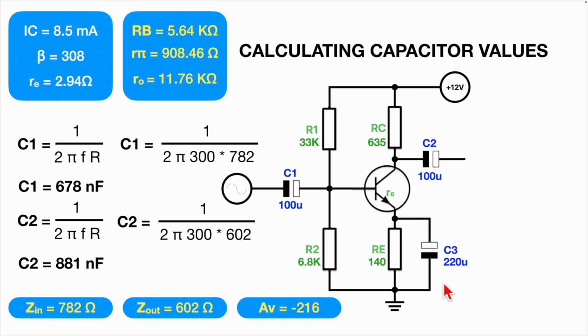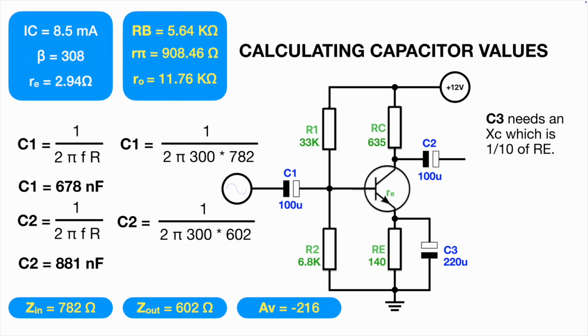What about the coupling? Well, really, C3 needs, as a rule of thumb, to be very low in its reactance compared to RE, the resistor on the emitter. The reactance needs to be 1/10 of the resistance here.